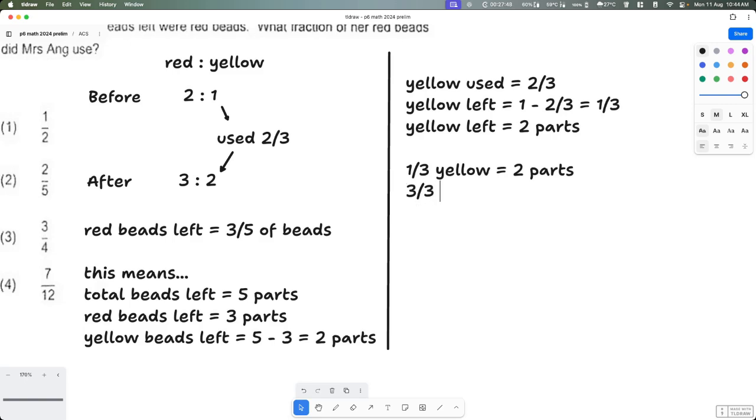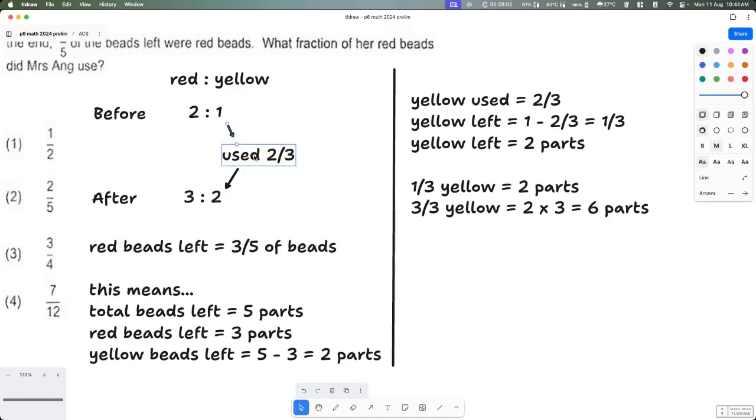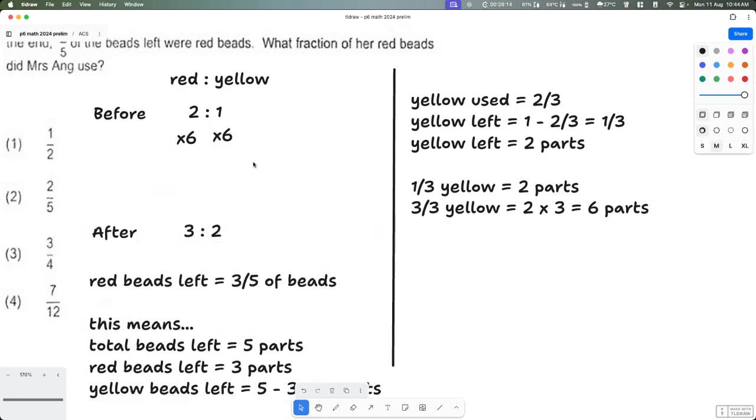Then 3 out of 3 yellow is equal to 2 times 3, equal to 6 parts in this case. So we can transform it: multiply the yellow by 6, and for the red, we can also multiply by 6. So 2 times 6 will be 12, and 1 times 6 will be 6.